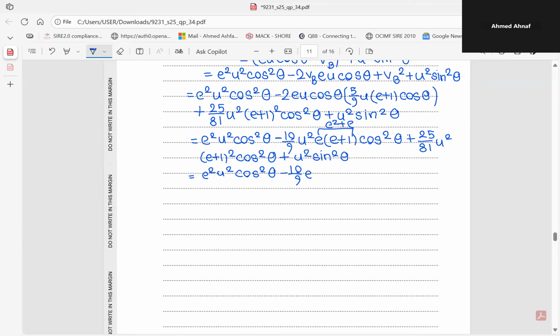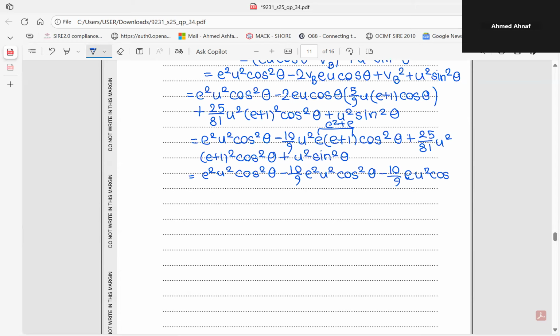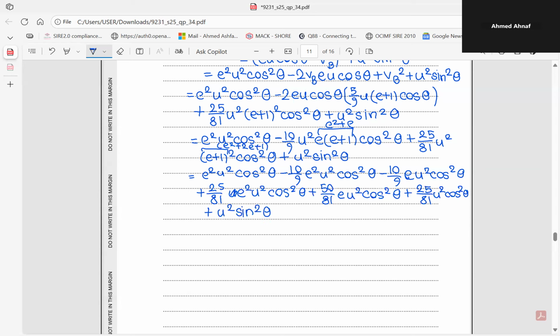Multiplying this, we'll get e squared u squared cos squared theta, minus 10 over 9 e u squared cosine squared theta, plus, this is going to be e squared plus 2e plus 1, so 25 over 81 e squared u squared cosine squared, plus 50 over 81 e u squared cos squared, plus 25 over 81 u squared cosine squared theta plus u squared sine squared theta.